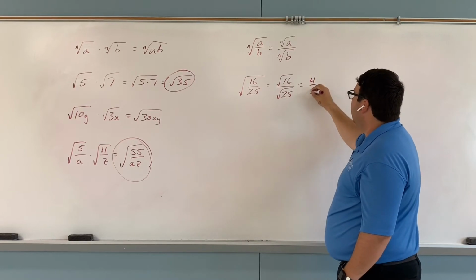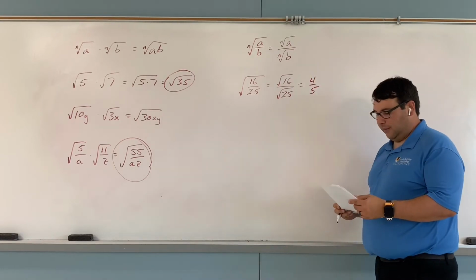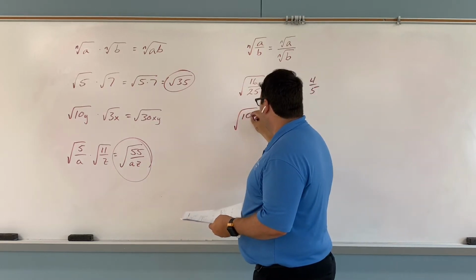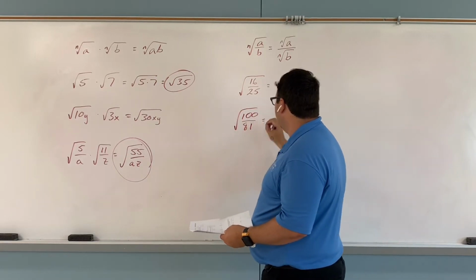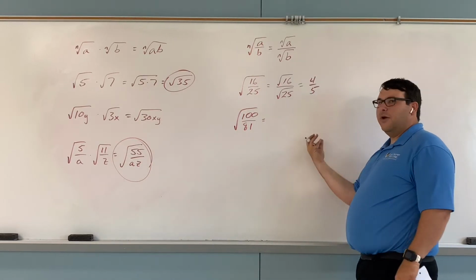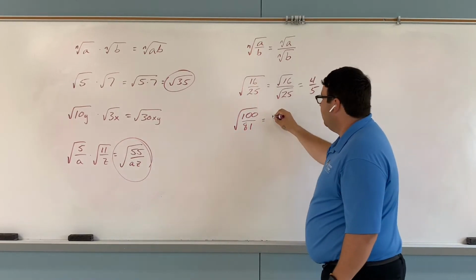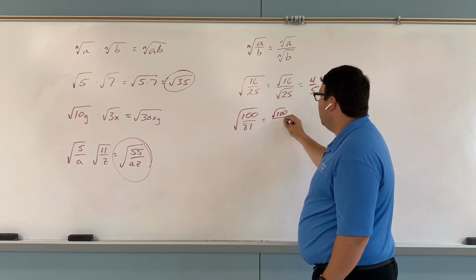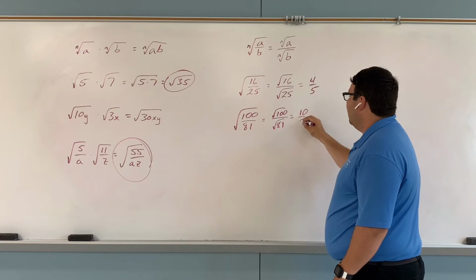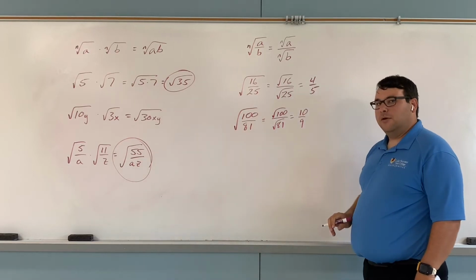This works out very nicely to 4 over 5. If I were to have, say, the square root of 100 over 81, you may not be willing to really go through and write those fractions all the way out, but you could easily say, I know the square root of 100, I know the square root of 81. Taking those separately, I get 10 over 9.